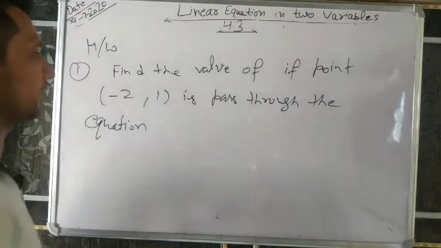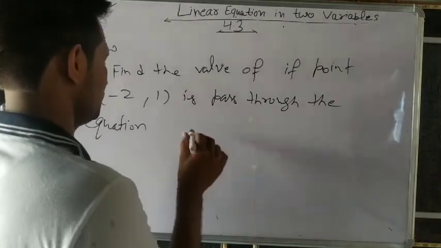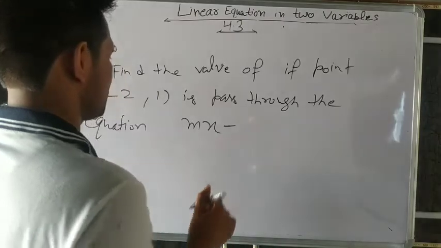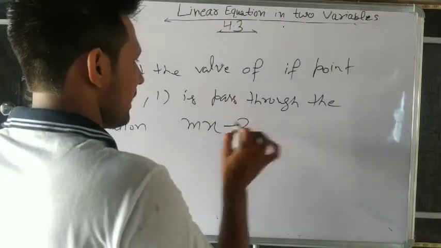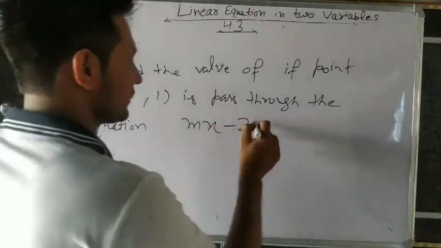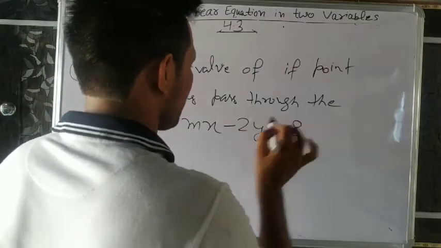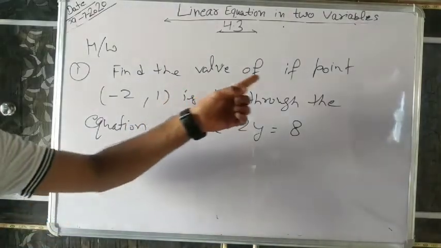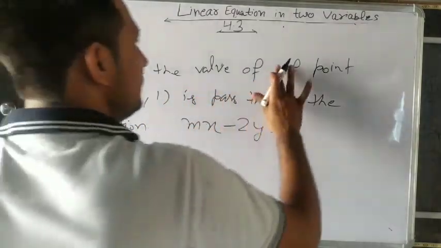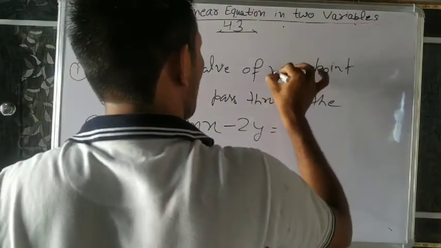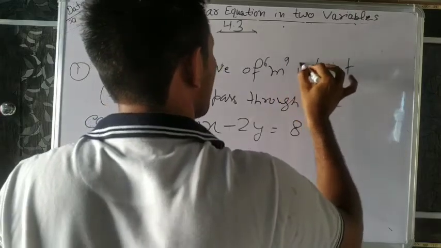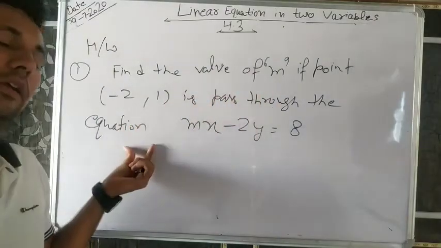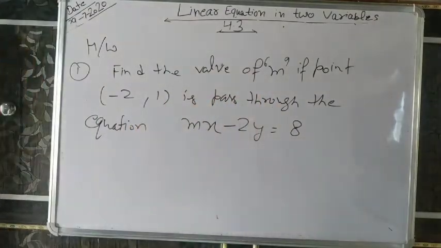What is the equation? The equation is mx minus 2y equal to 8. We have to find the value of m if this point passes through the equation. Understand it?